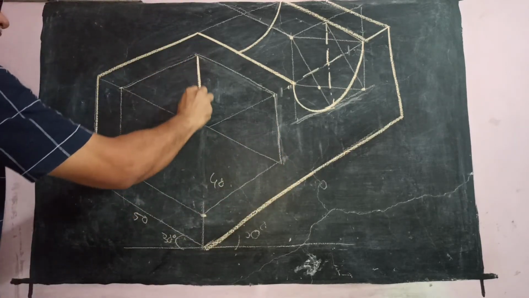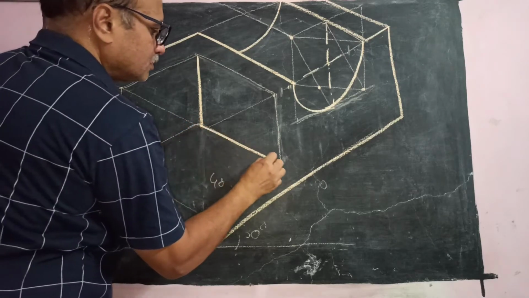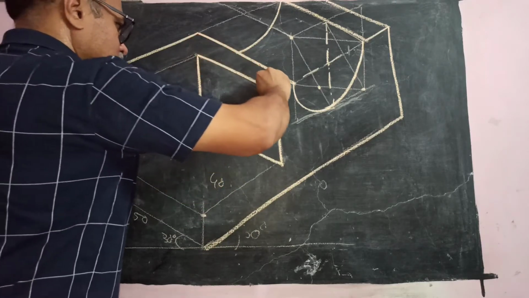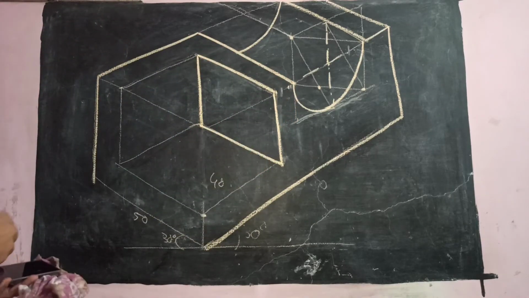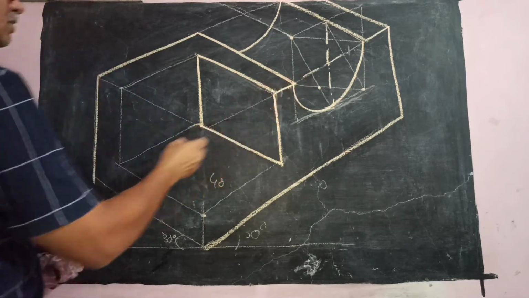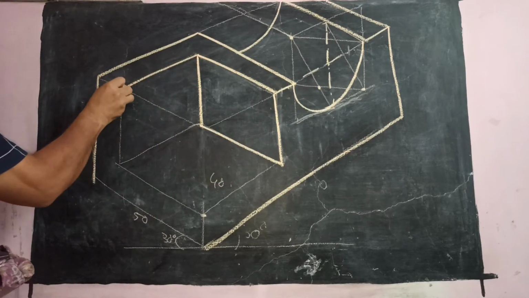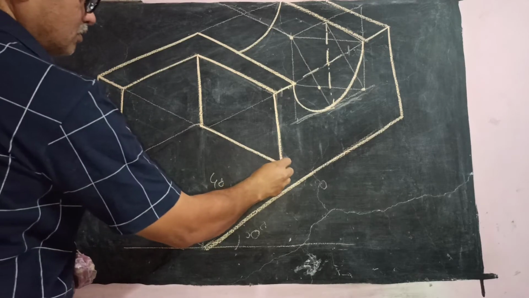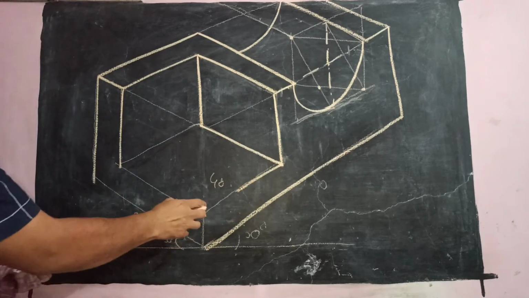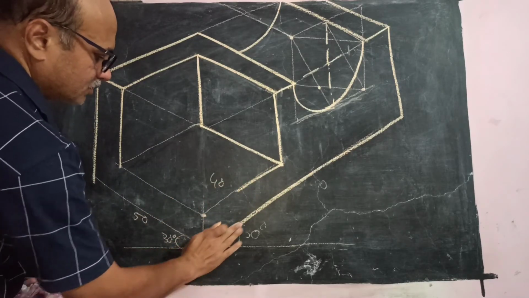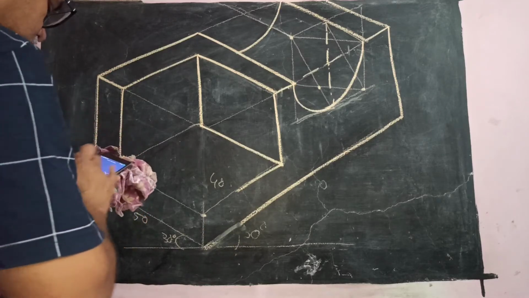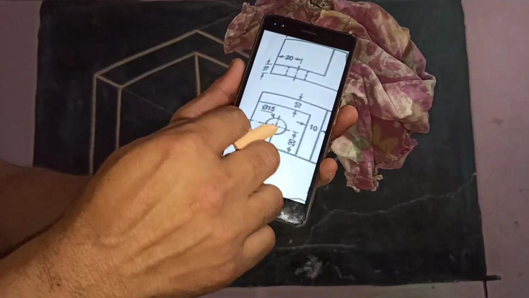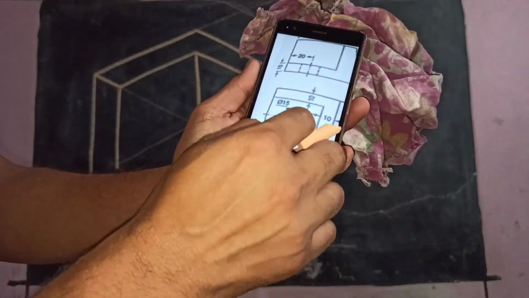So you can find out the shape of this like this. So here you will find out that it is round. How to draw that round, that we'll see. See, this shape is round and it is given as 20.